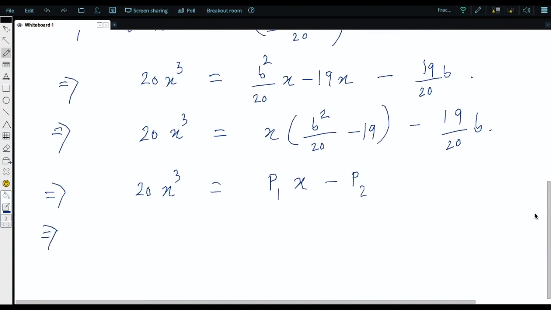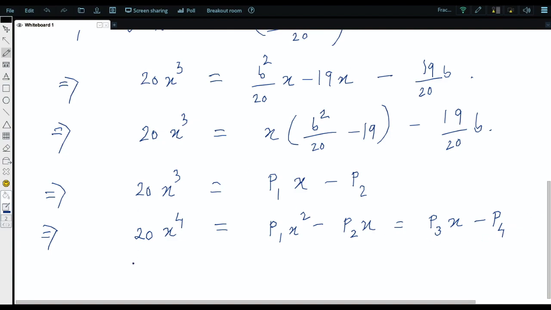So now if we again multiply with x, we'll get 20x to the power 4 on this side, and that will be p1x squared minus p2x, and again similarly substituting, we'll get this in the form of p3x minus p4, where p3 and p4 are rational numbers.